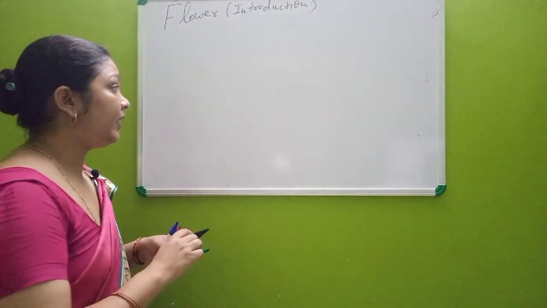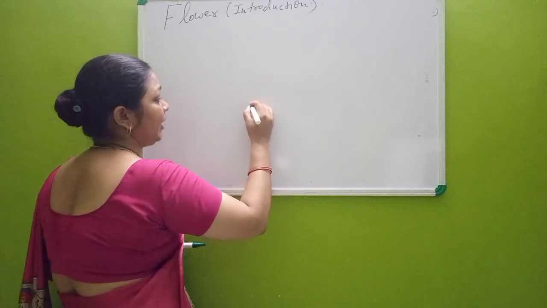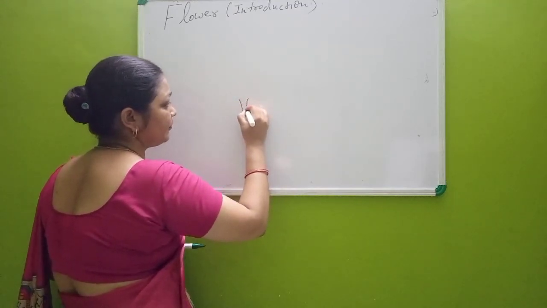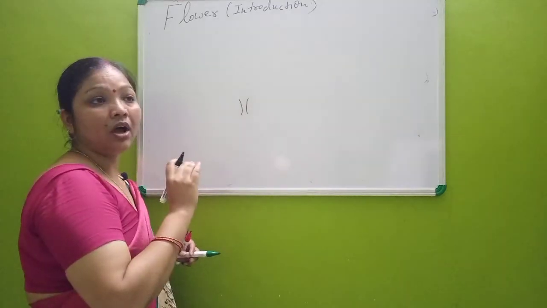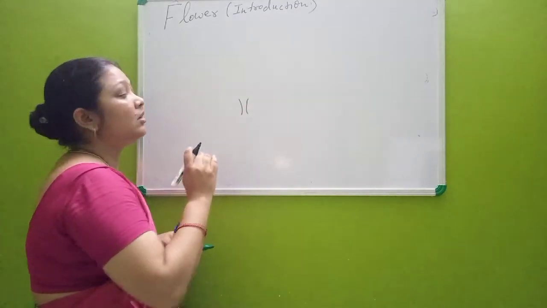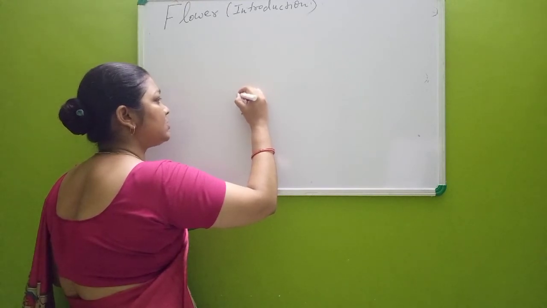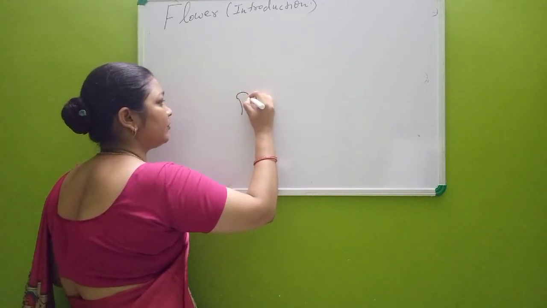If we talk about the flower, the first thing that comes to mind is a stalk and a swollen structure attached to it. So what is this stalk?